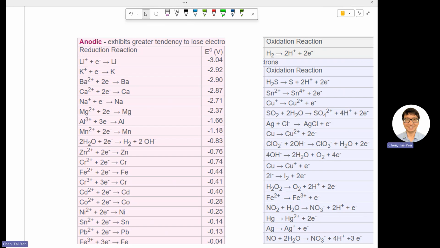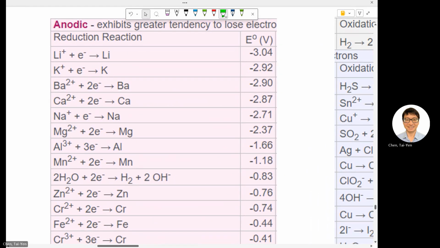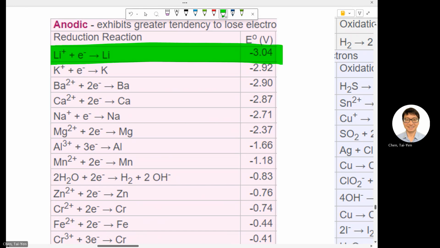So let's focus on the line I just highlighted. What do you see there? It's lithium plus 1 electron. They give you lithium, right? So apparently this is a reduction reaction. I hope everybody understands that. And the reduction potential is what?